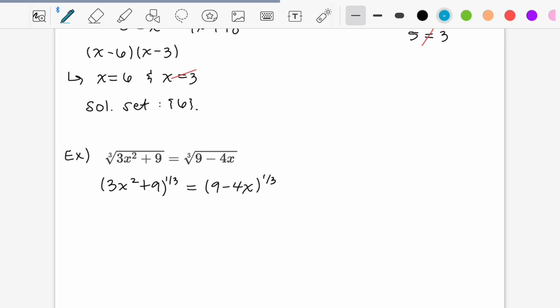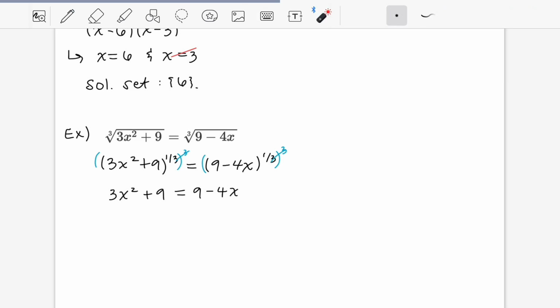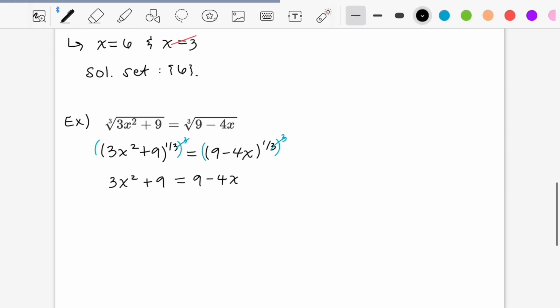So if we take these guys to the third power on both sides of our equation, these automatically cancel. And so then we're no longer dealing with these root terms, right? So if you ever have these roots on both sides of your equation and they're to the same power here, we can do that immediately.